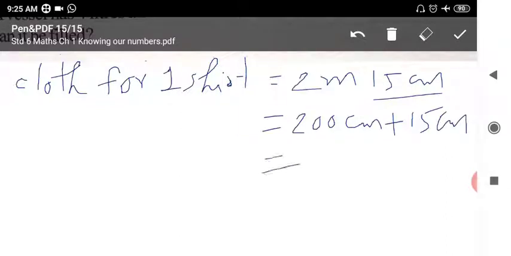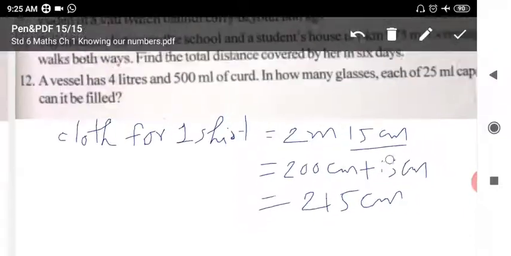So we will get the answer as 215 centimeter. This we have converted. The cloth for one shirt for stitching is 215 centimeters. Now again, let's see once again what the question was.